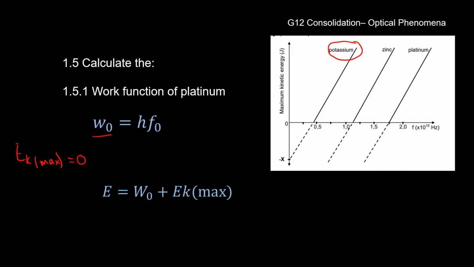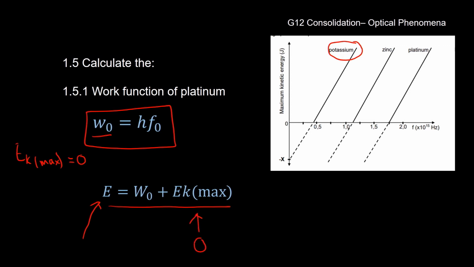So we've got two ways of solving this problem. We can either use this formula, which we know about, which is using Planck's constant times the threshold frequency, or we can use this equation at the bottom. If we use this equation at the bottom, we need to know that this value over here is going to be 0.